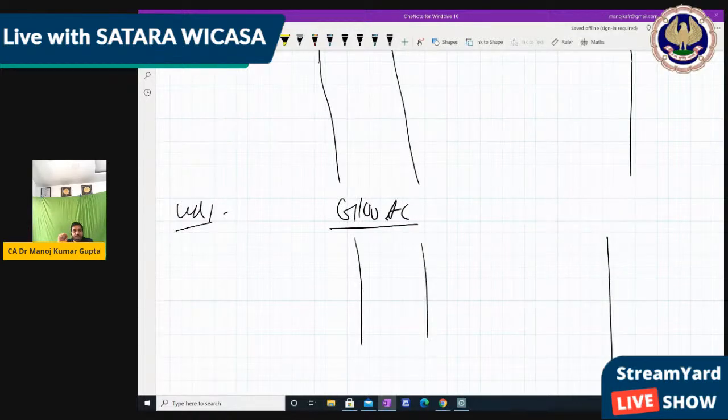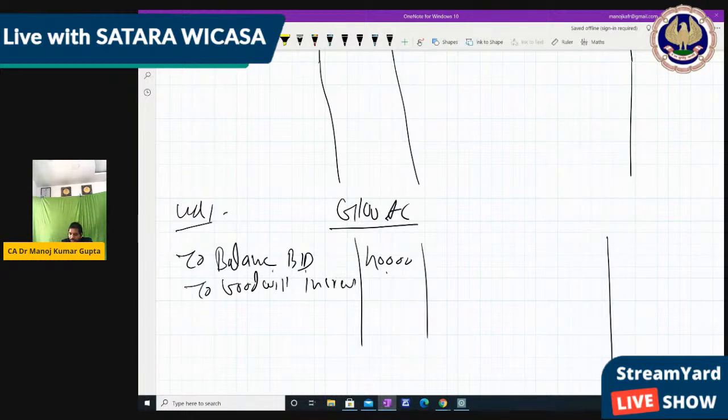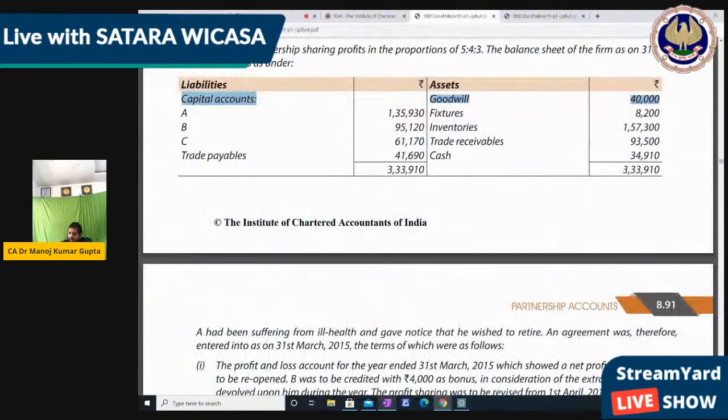Normally we make an adjustment for goodwill, or we are making a goodwill account this time. Balance brought down 40,000, right? Now they have valued that goodwill at 56,800, right? So to goodwill, the increase is by how much? 56,000.